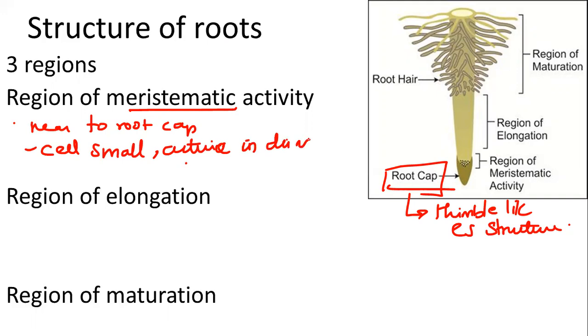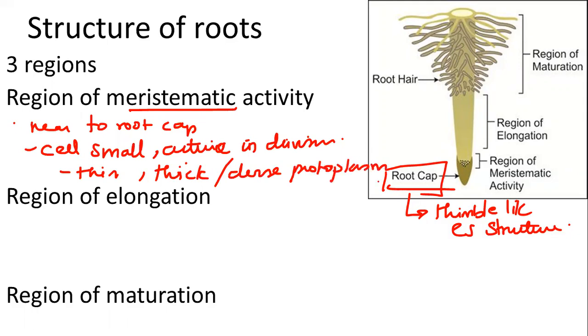They are thin walled and have dense protoplasm. So this is the region of meristematic activity, actively dividing, so the growth originates from the meristematic region.